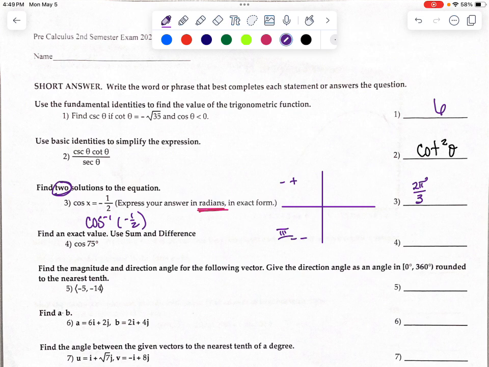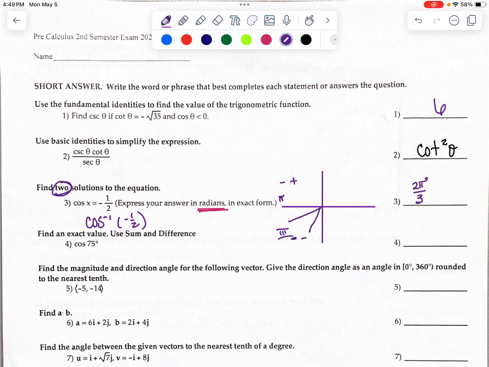Other option is to just count. So this is pi, and I would just be adding, well, actually, I don't need that middle line. There we go. Negative, negative.